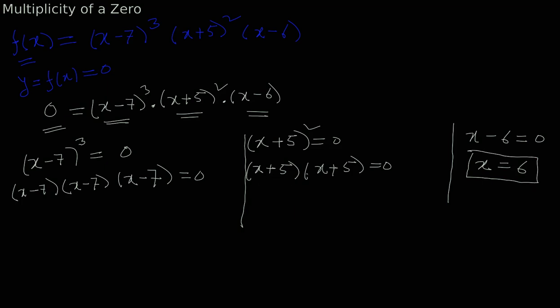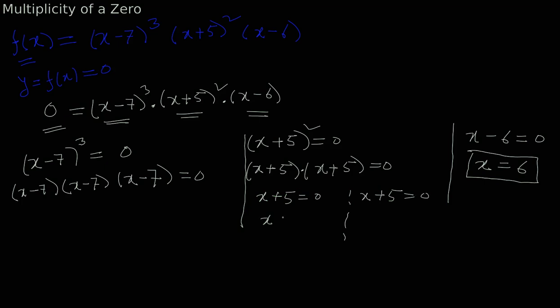Now, (x plus 5) multiplied by (x plus 5) equals 0. So I can write x plus 5 equals 0, and another x plus 5 equals 0.